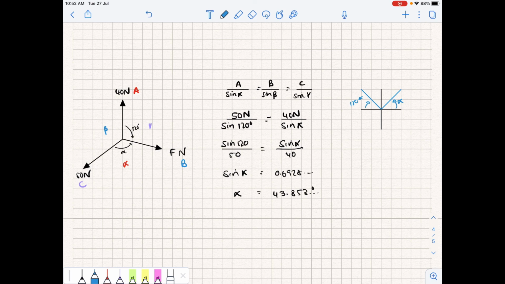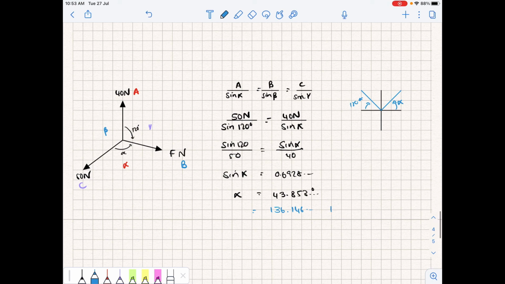So very easily, we just take 180 degrees minus our answer, and that's going to give us 136.146, etc., which we can simplify into 136.1 degrees, okay? Because we usually round degrees to one decimal place.